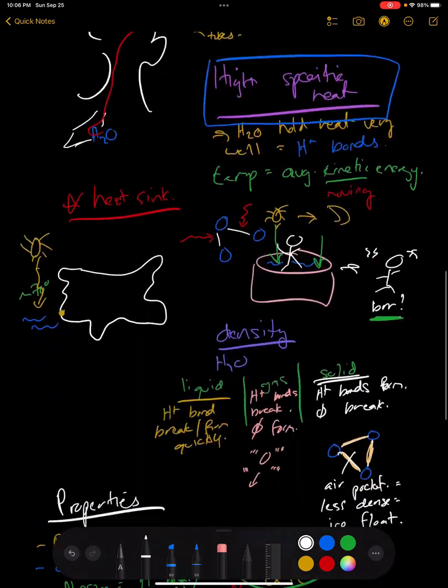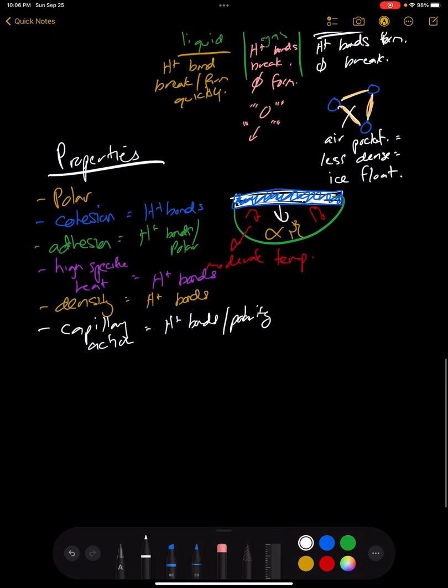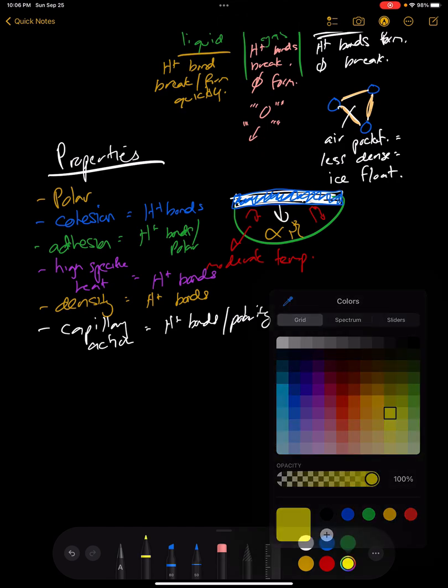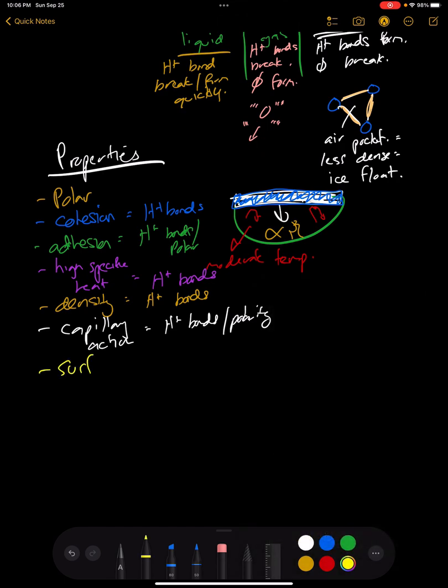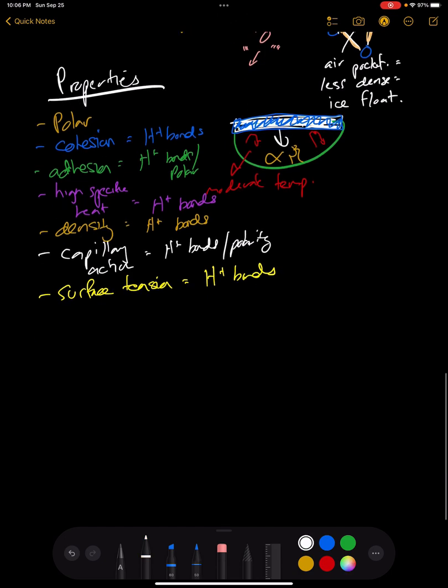Oh, surface tension. And then we also have surface tension. In surface tension, again, because of the hydrogen bonds. And then my very, very last property of water that I forgot to mention is the fact that it is a universal solvent.